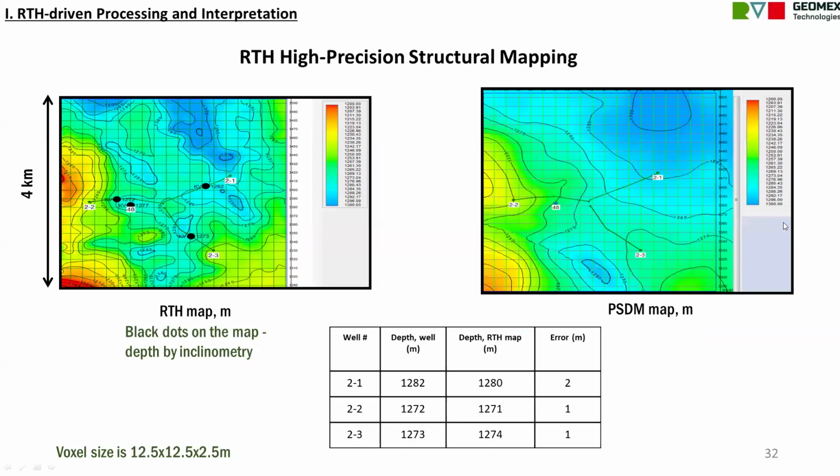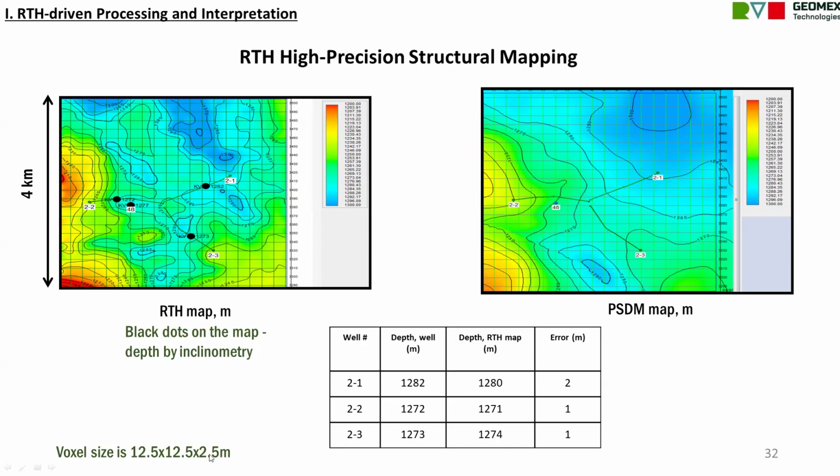This is an example of using our RTH attribute in structural mapping. At the left, our RTH mapping. At the right, PSDM maps. Our error is about 2 meters.